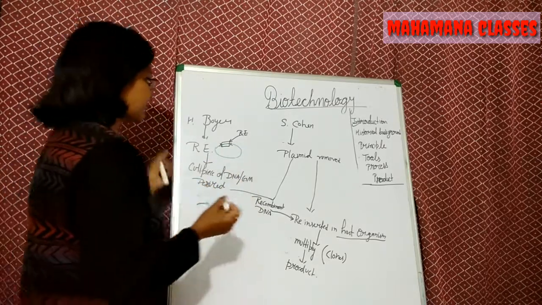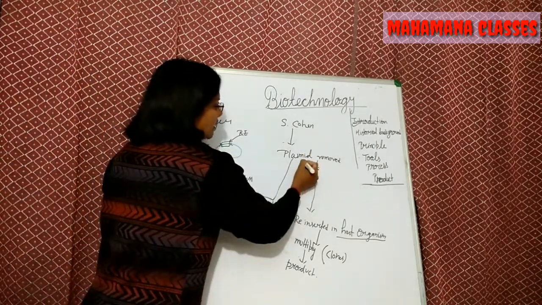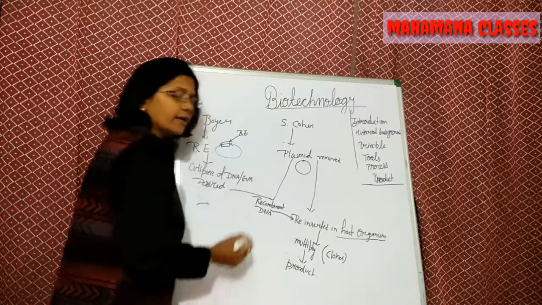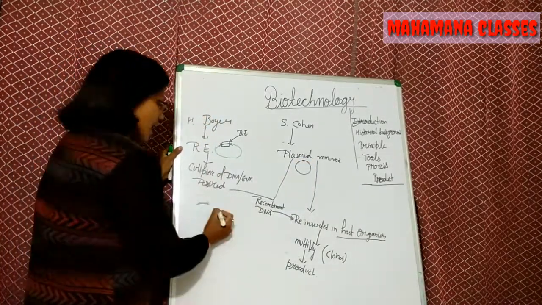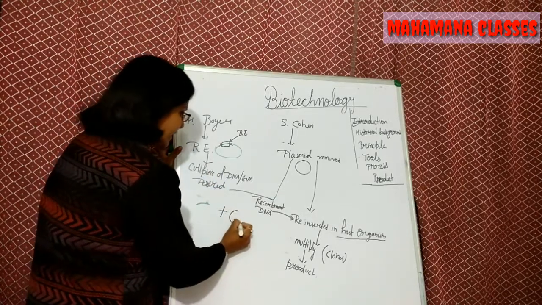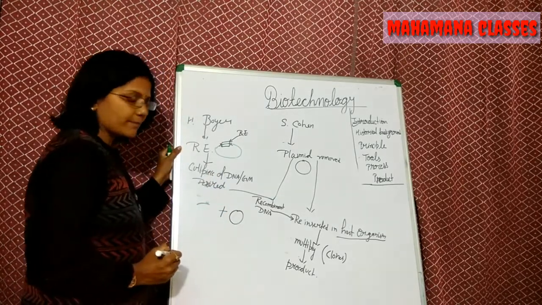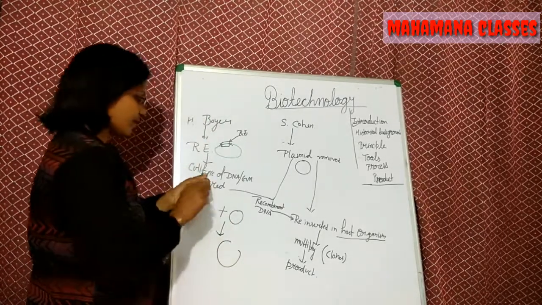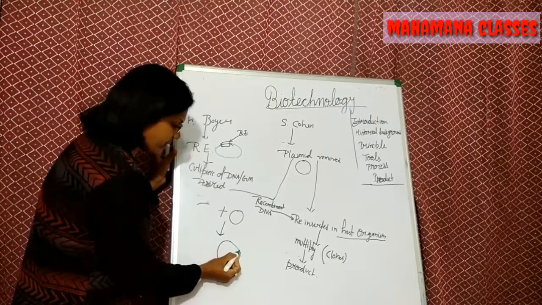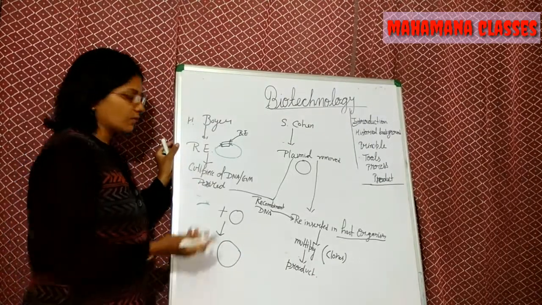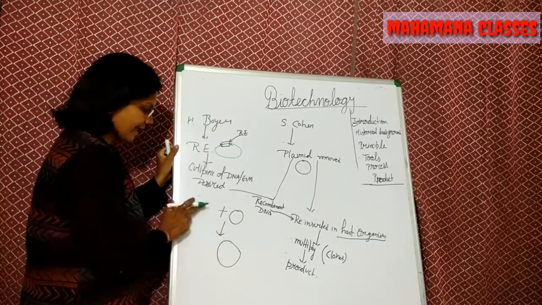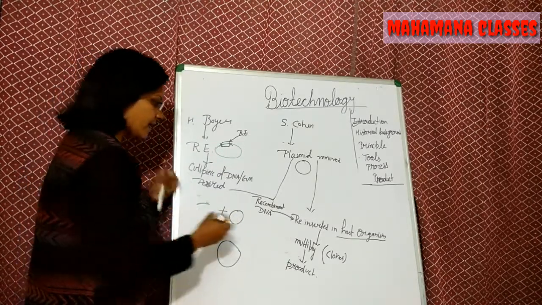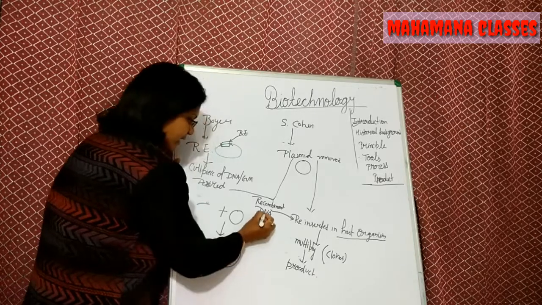Then there is a plasmid which has been removed from a prokaryotic cell. The desired DNA and the plasmid are now combined and linked. It forms a recombinant DNA because the combination is new. It has our desired DNA and the plasmid, so we call it recombinant DNA.